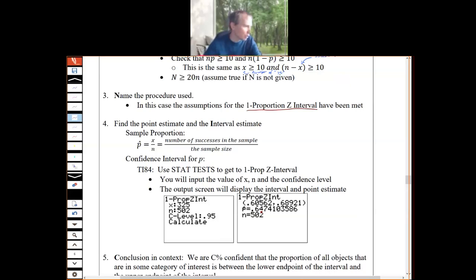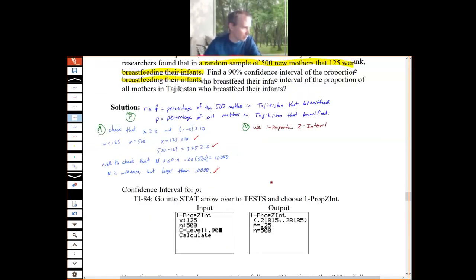Here in our procedure, it walks you through and gives you some pictures of what this looks like. So I'm just going to show you here.